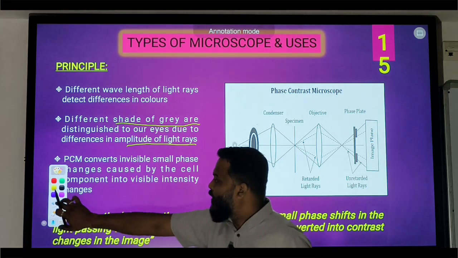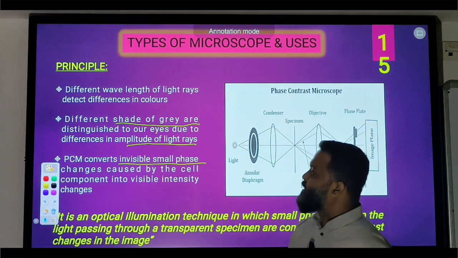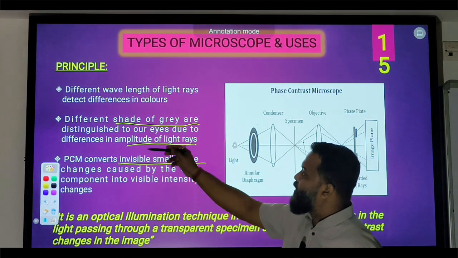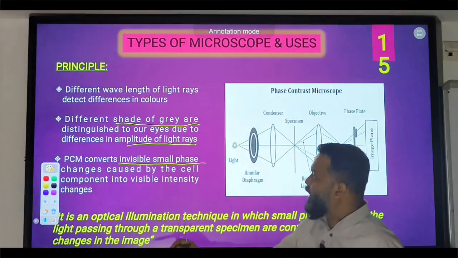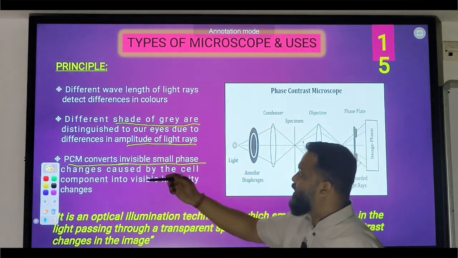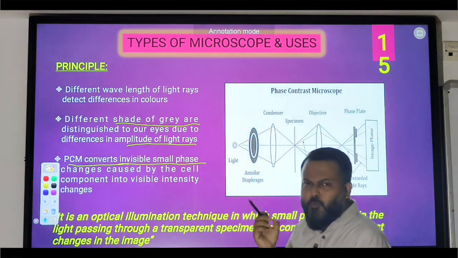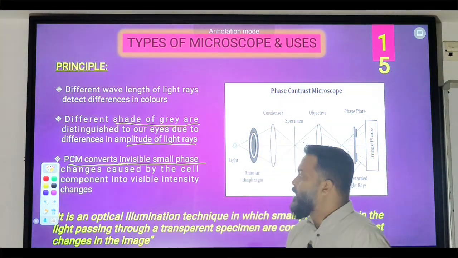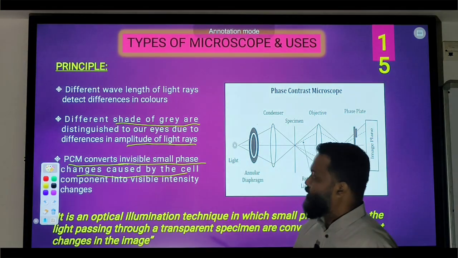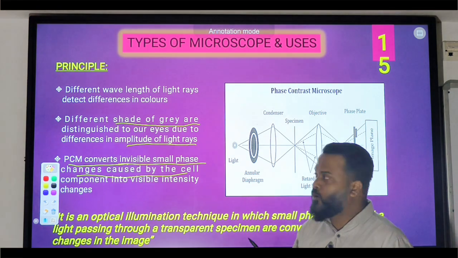So this PCM, the phase contrast microscope, converts invisible small phase changes. While differentiating between different shades of gray, whatever small phase changes take place, they will be converted by the PCM and made visible to you.